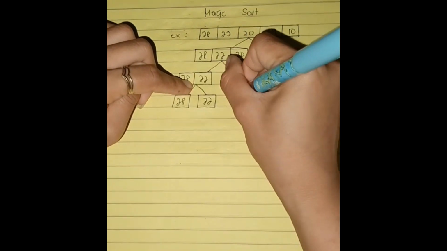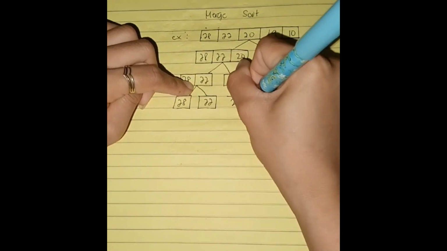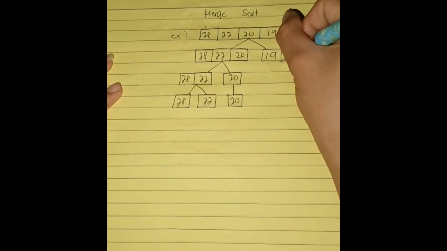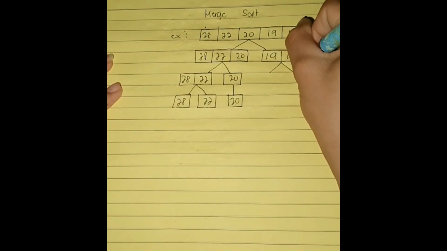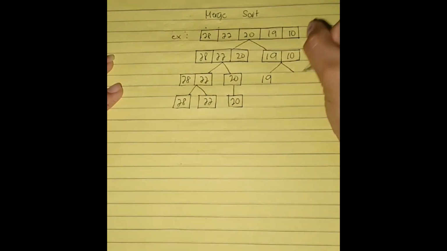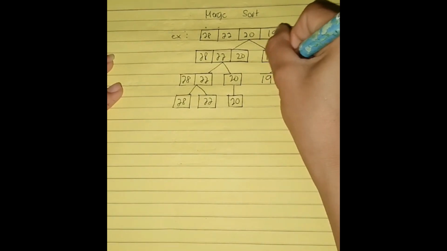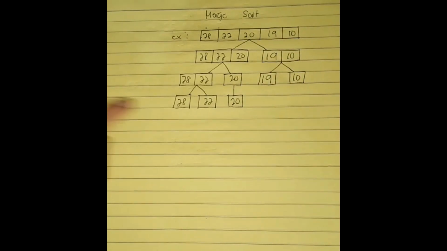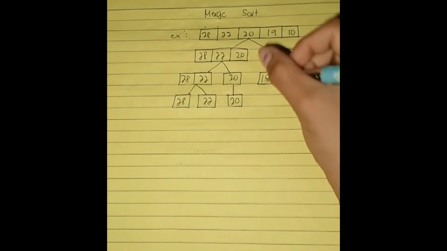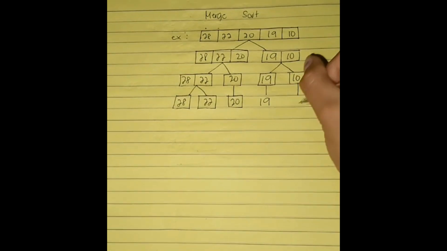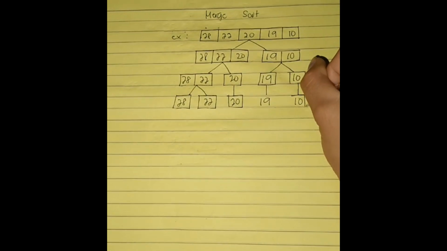Wala tayong i-divide sa 20, kaya i-bring down na natin yung 20. Dito naman sa kabila, i-divide naman natin yung 19. We have a 19 and 10. Kailangan i-balance, kaya i-bring down naman natin ang 19 dito. Then, i-bring down din natin ang 10.